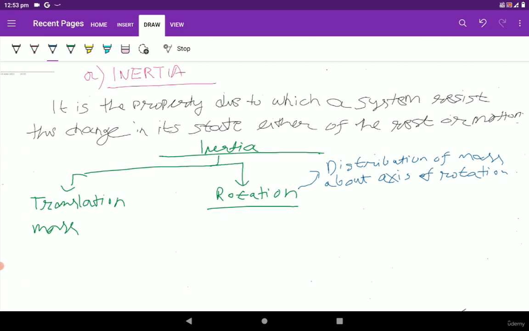So second moment of mass about axis of rotation.